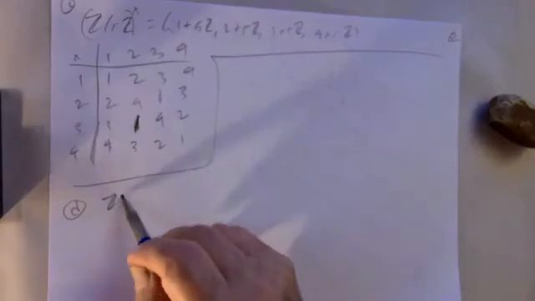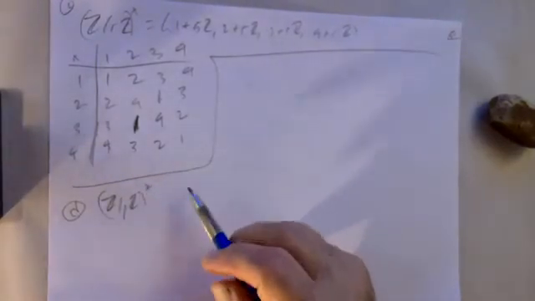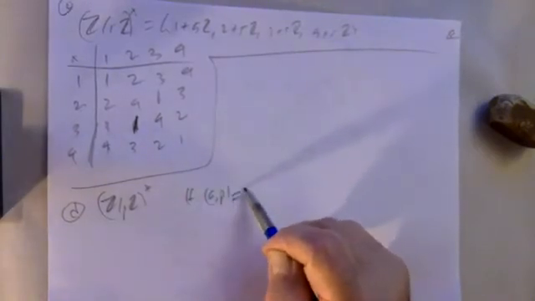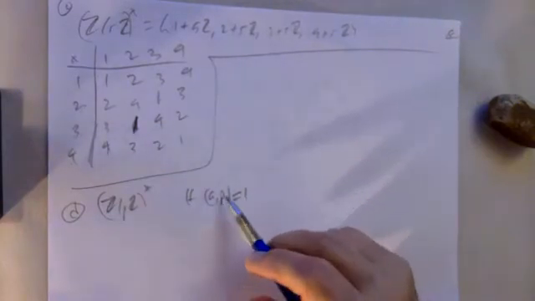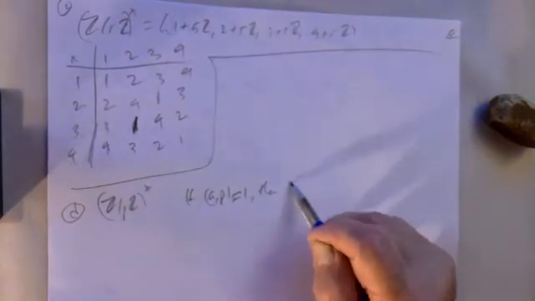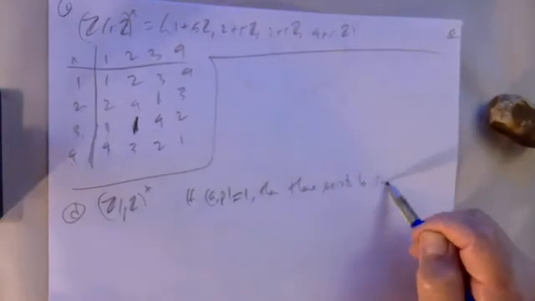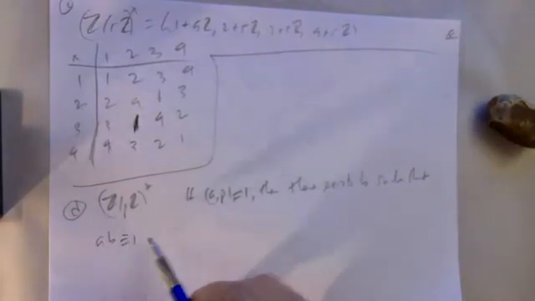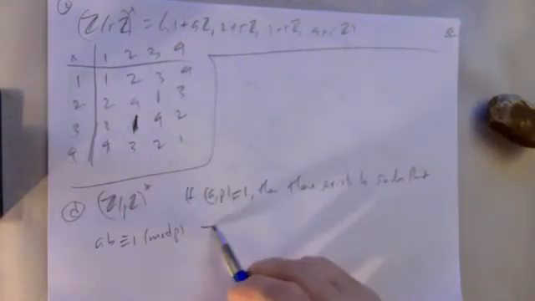So Z mod PZ star. If A is relatively prime to P, if A and P have no common divisor, then there exists a B such that AB is congruent to 1 mod P. That's our basic theorem about linear congruences.